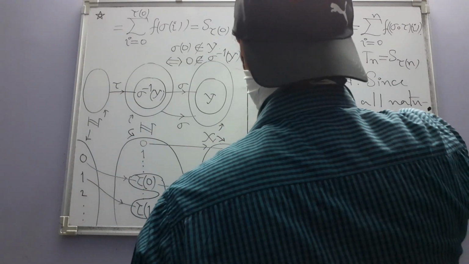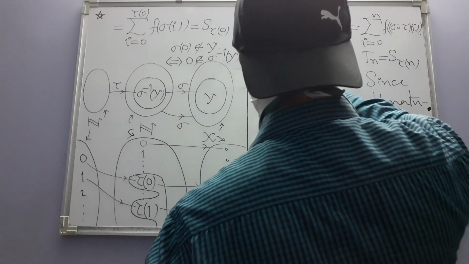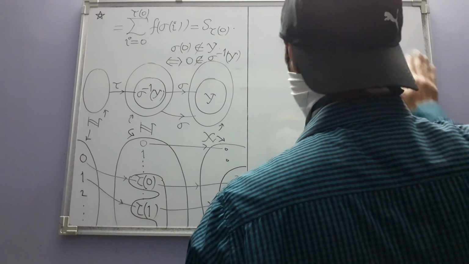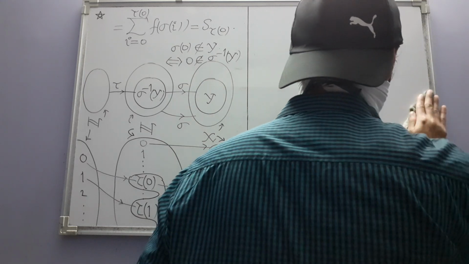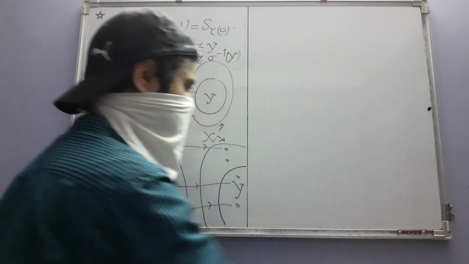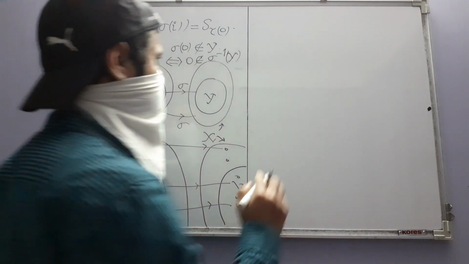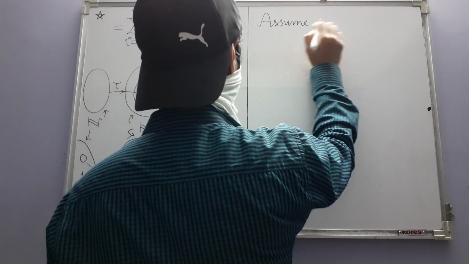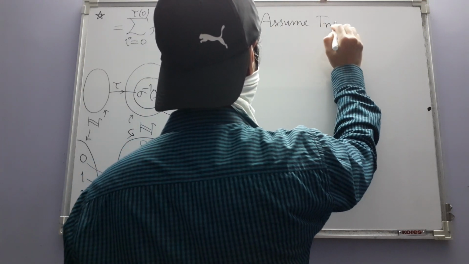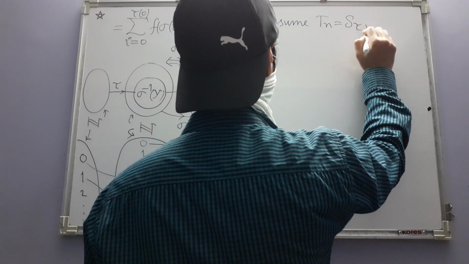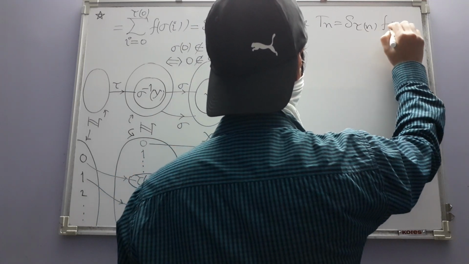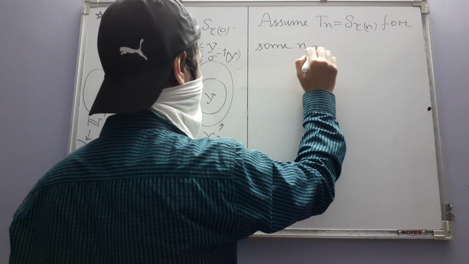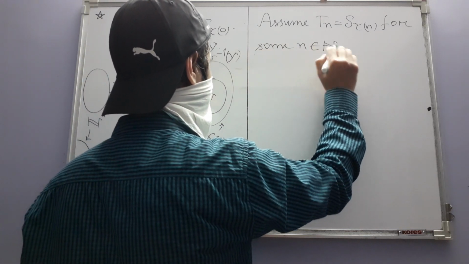Now we write the induction hypothesis. Assume that Tn is equal to S tau n for some natural number n.